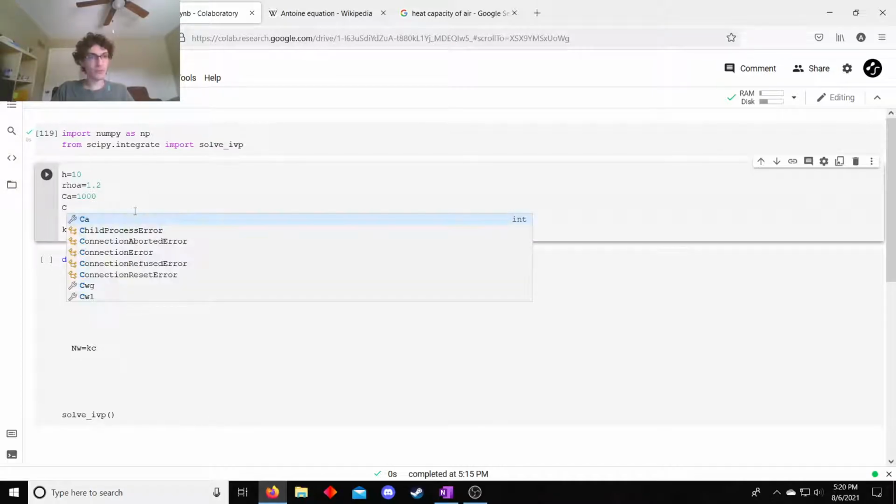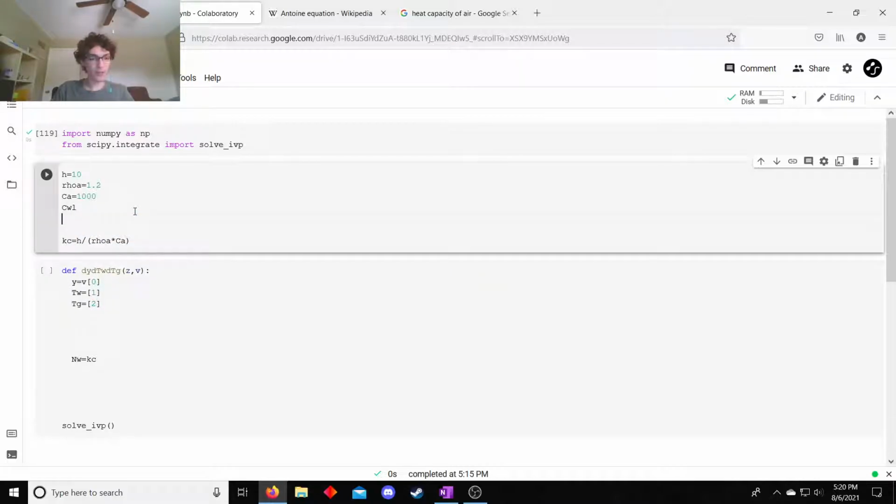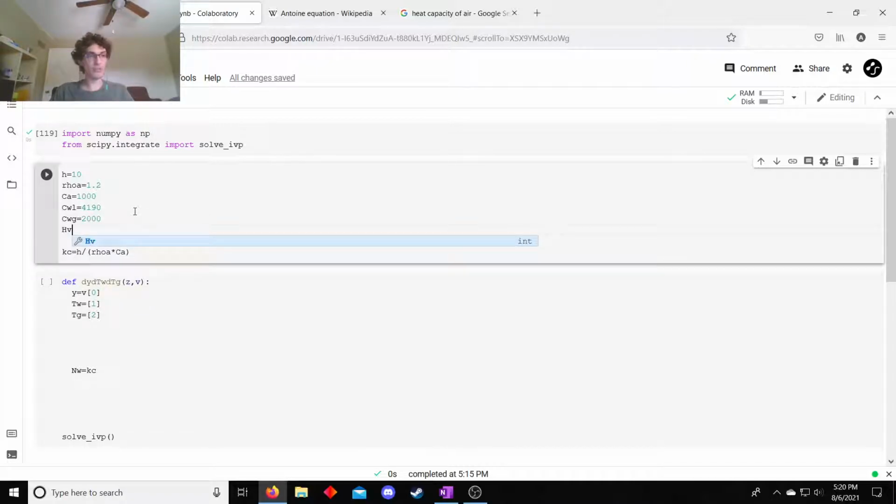And since we're here, we will do the heat capacity of liquid water and the heat capacity of water in the gas phase. The heat capacity of liquid water is about 4,190, and for gas it's about 2,000. Since we're also here, I'm going to go ahead and do the heat of vaporization of water, since we'll be using that later, and that is about 40,700, and that's going to be in joules.